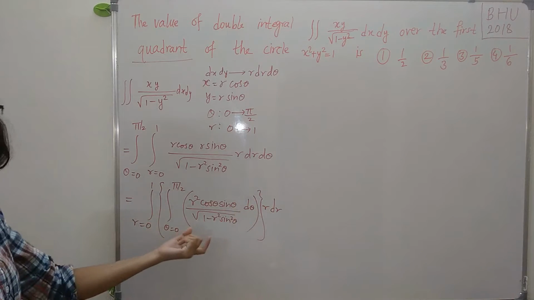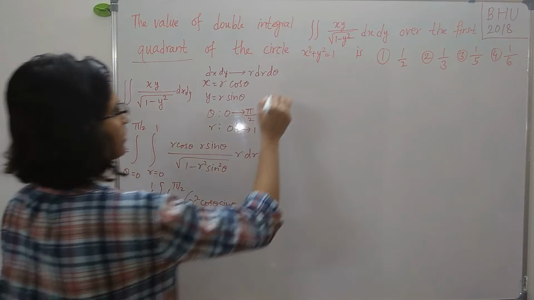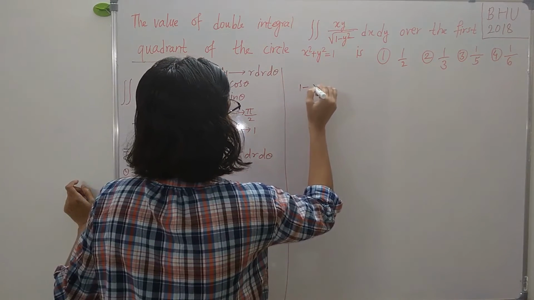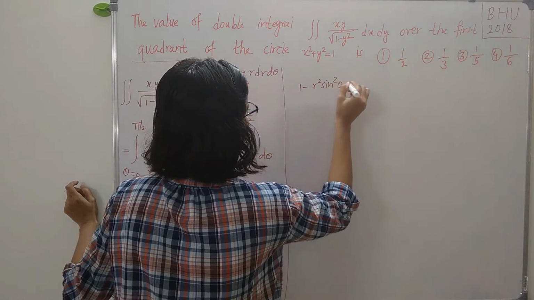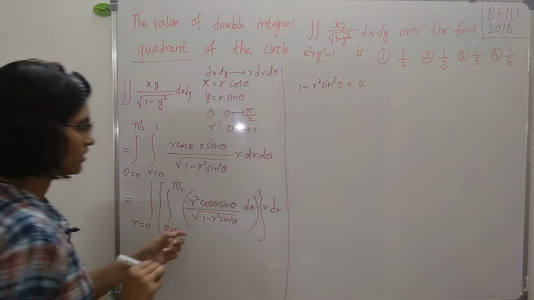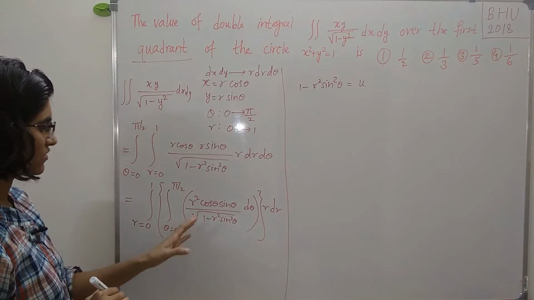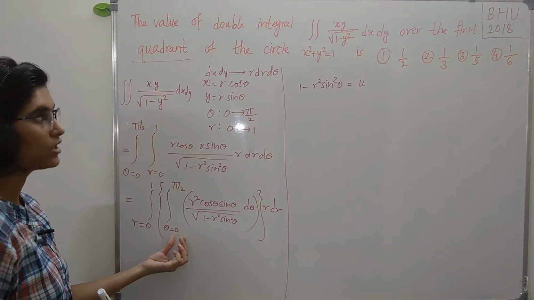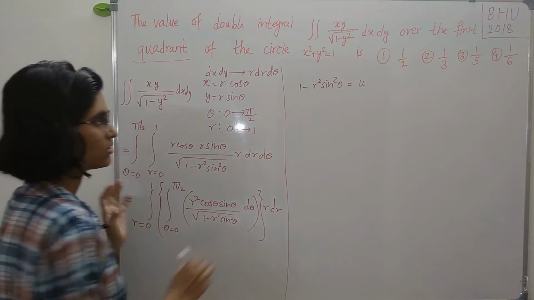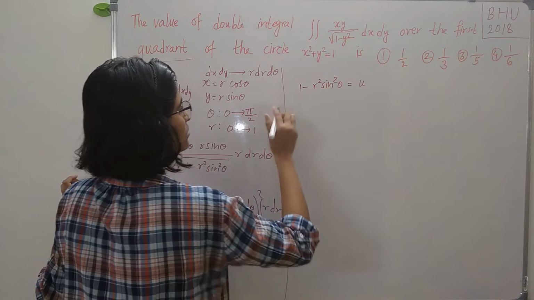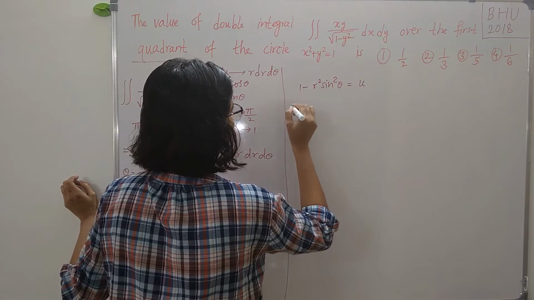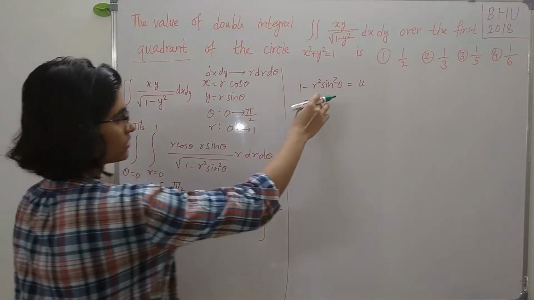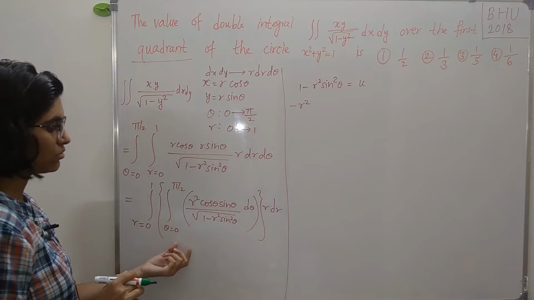To find out this integral, let us put 1 minus r square sin square theta equal to, say, u. Then now just change the limits of integration. Now we are integrating with respect to theta, so treat r as a constant. When you differentiate this, we get minus r square as it is, because we are integrating with respect to theta.